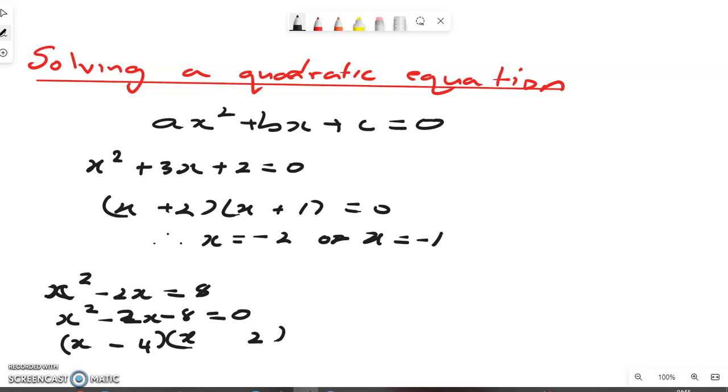So 4 is negative and 2 is positive, is equals to 0. So x is equals to positive 4 or x is equals to -2.